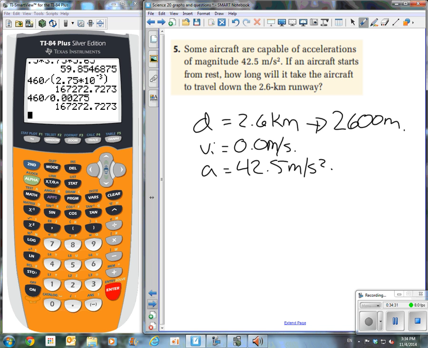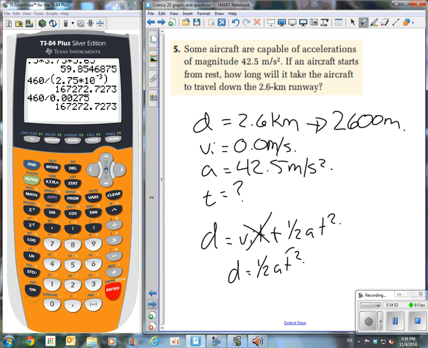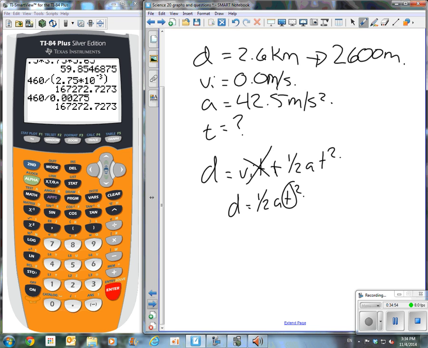Here we go. So the question asked me how long, so we're looking for the time. I'm going to look for an equation that has all of those in it, and I see d equals v_i t plus a half a t squared. Okay, v_i is 0, so that cancels out. So d equals a half a t squared. I'm trying to solve for t, so I just need to rearrange this a little bit.